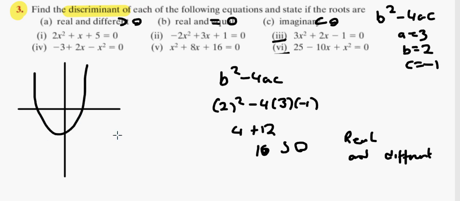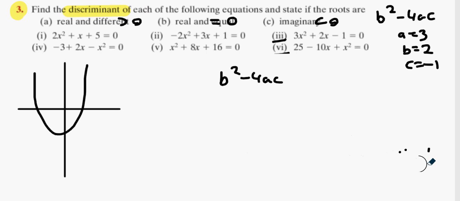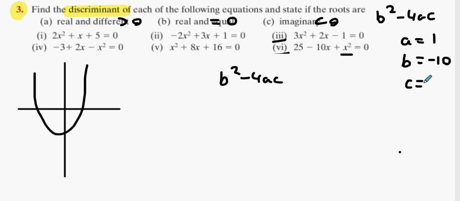Alright? For question 6, is it U-shaped or N-shaped? It's U-shaped again. Okay? We know it's U-shaped because it has an x squared at the end. What's the a value? 1. The b value? And the c value? 25. Put it into the calculator.